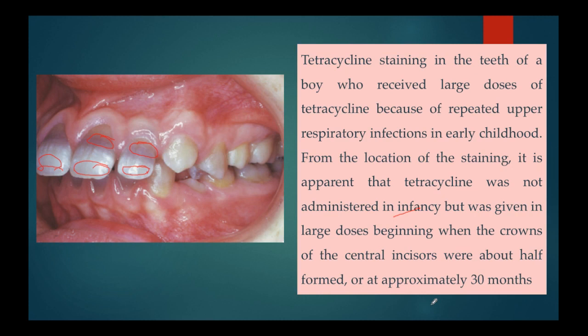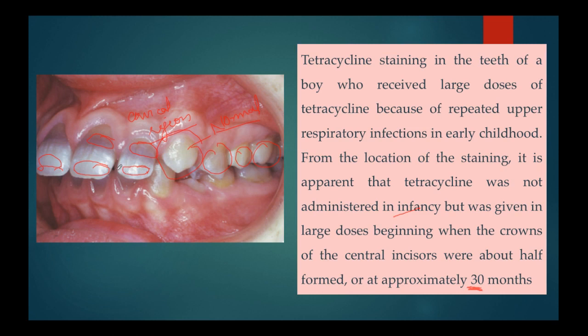So this also helps us to elicit a good history of the patient, that is, the approximate age at which the tetracycline was started, which was about 30 months. Why? Because the incisal edges are completely fine while the cervical region is affected here. Then the canine is completely normal, and the other posterior teeth are also approximately completely normal.